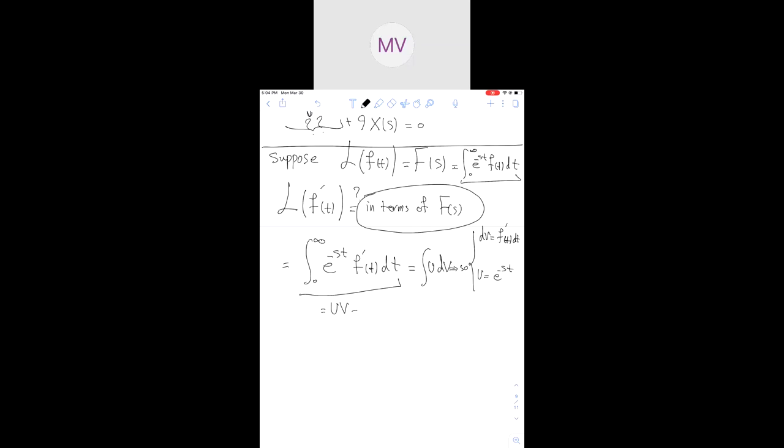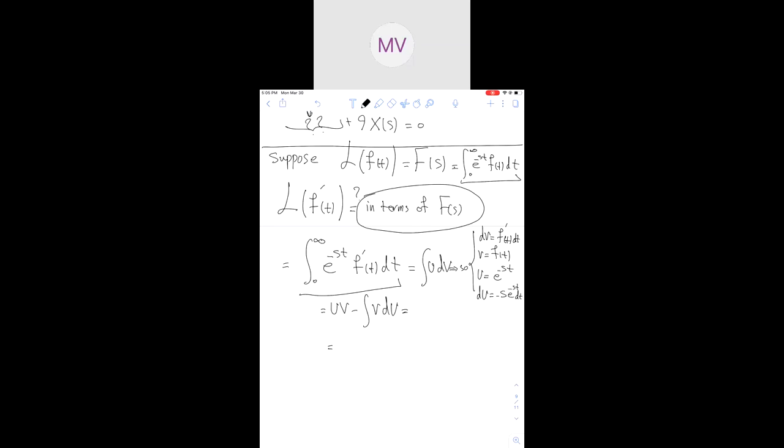It's equal to uv minus the integral of v du. So we need v. What's the antiderivative of f prime, guys? It's f of t, right? And what's du? Taking the derivative with respect to t, it's going to be negative s e to the negative st dt. All right, let's substitute.